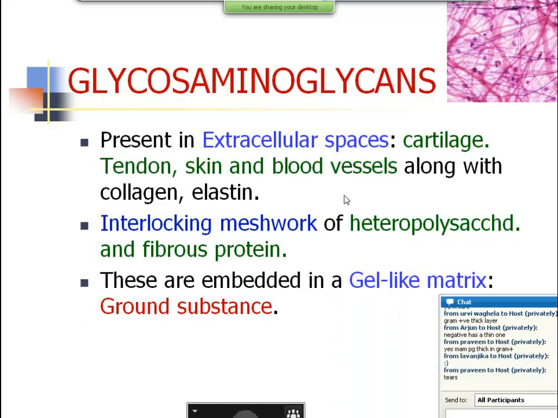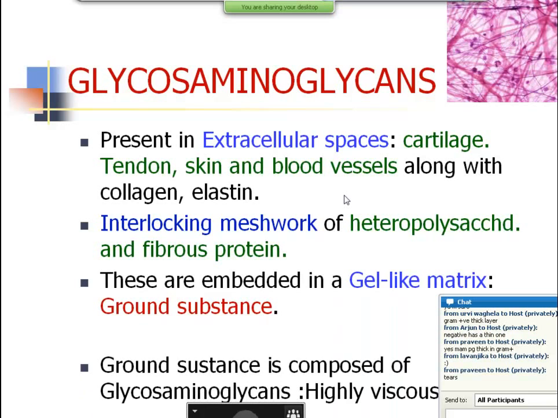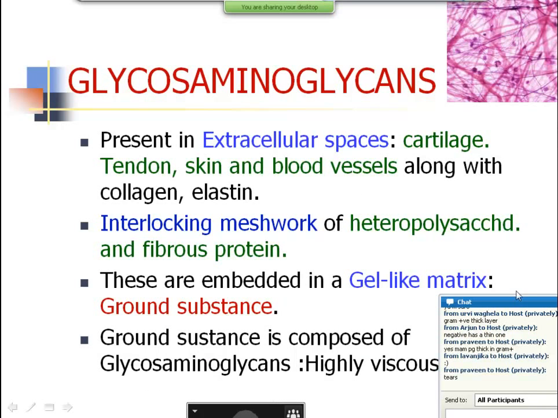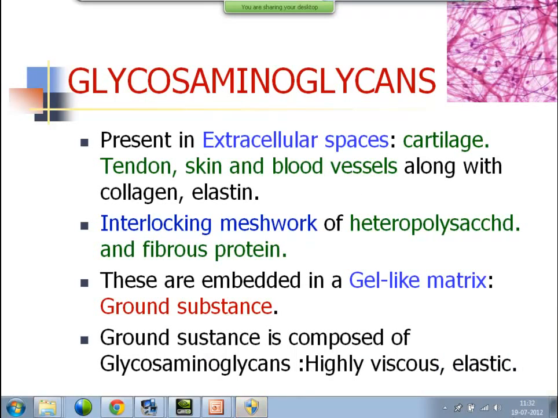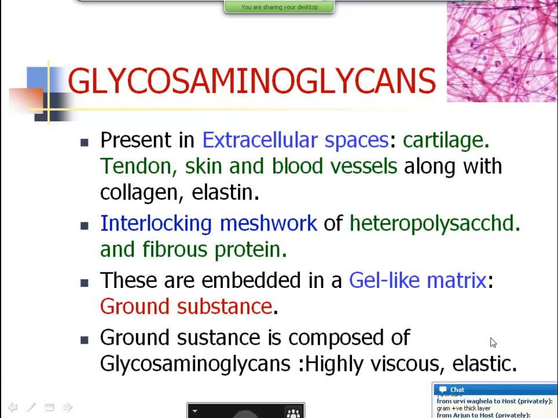They are present in the gel-like matrix of the ground substance, and they confer high viscosity and elasticity around the cell. In the extracellular matrix, they are highly viscous and give elasticity. This elasticity is the shock absorber of the cell, preventing it from undergoing any kind of damage.